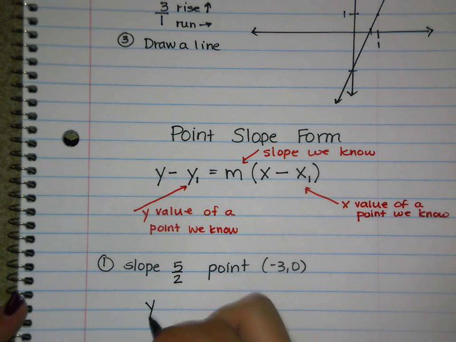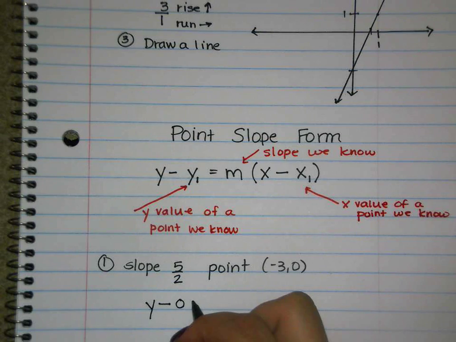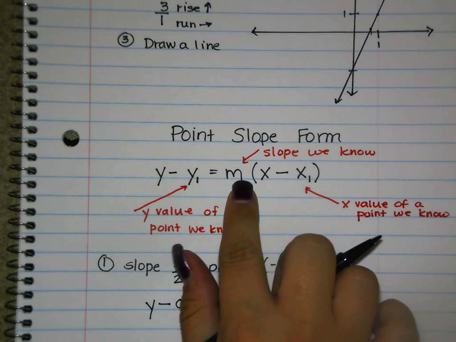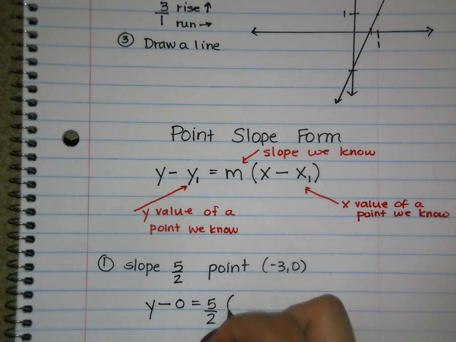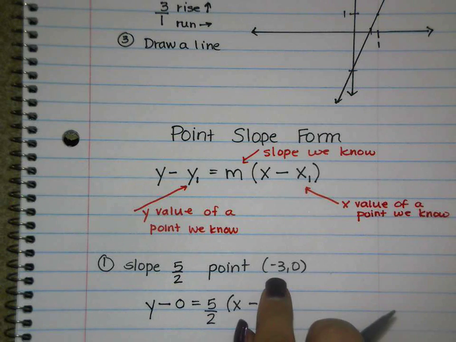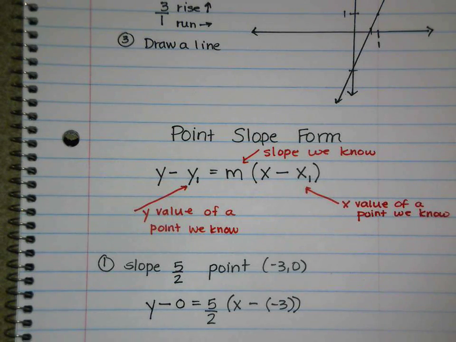So we're going to say y, just the variable, minus the y we know, which is 0, which is equal to m, the slope we know, which in this case is 5/2, times x, which is just a variable, minus -3, which is x1, because that's the one we know. Okay, if it says leave it in point slope form, that's it.